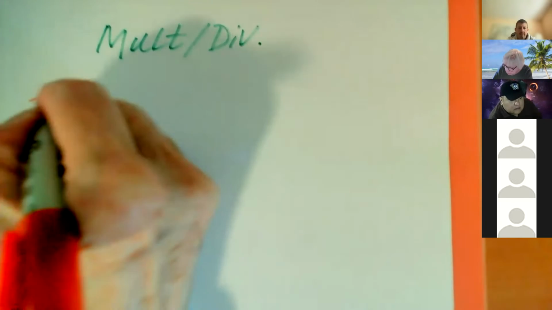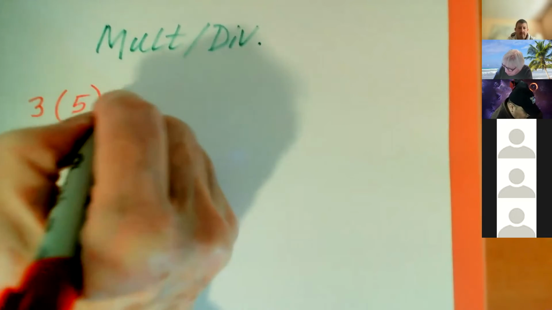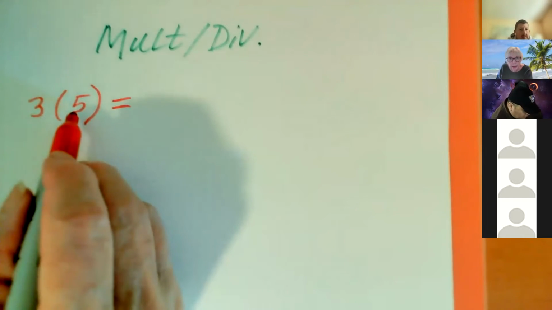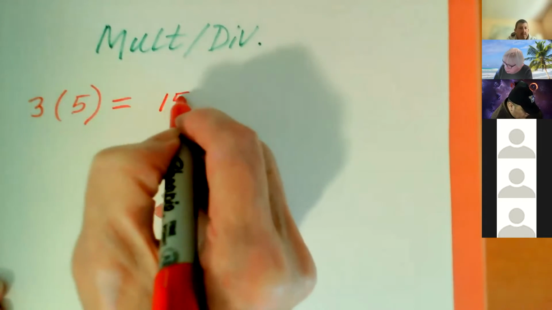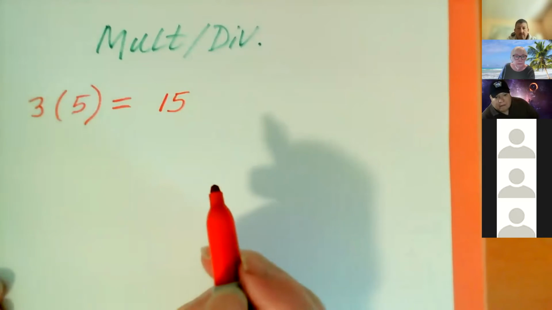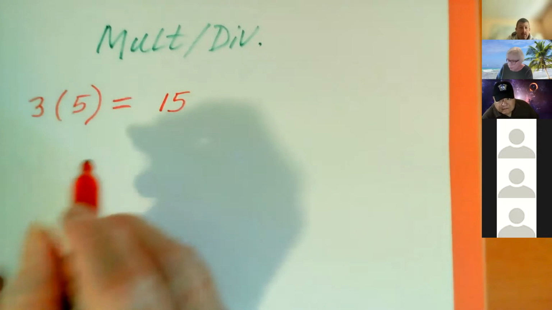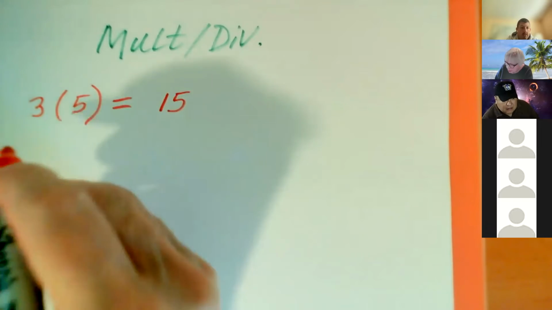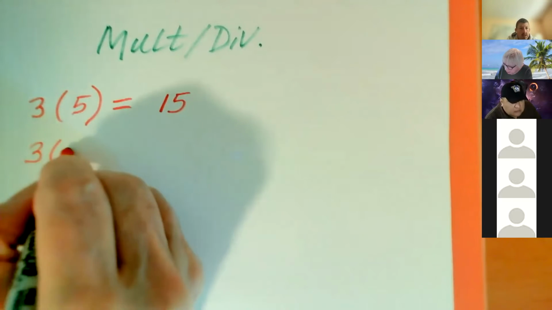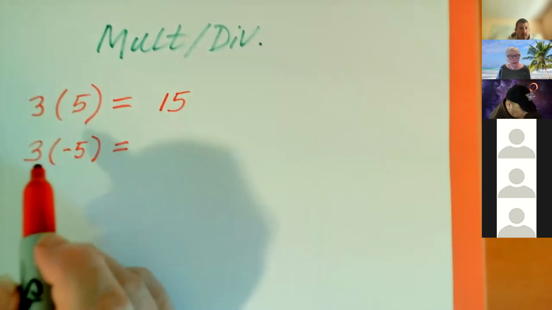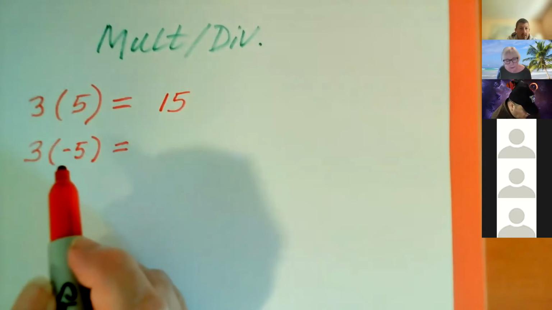So if I have 3 times 5, I wrote it like that. That's a positive 3, that's a positive 5. This would be 15. Charles? Did you raise your hand? Oh, okay. So what would happen if I did this? 3 times negative 5.